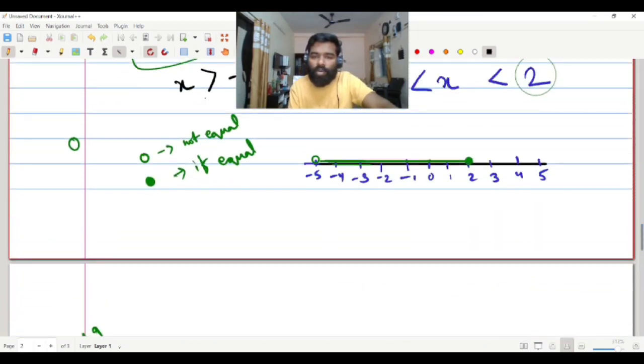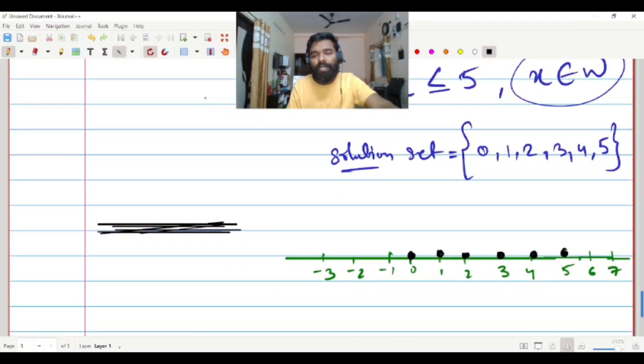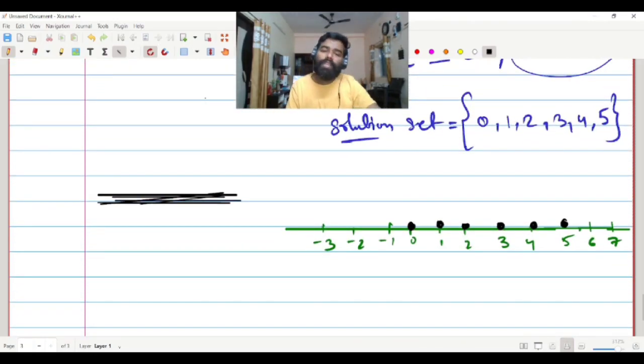You cannot do like this. Okay, why? Because this was real number. Here it was belonging to a real number, but in this case it is whole number. So the thing is, you just have to make circles, and this is the solution set and graph.